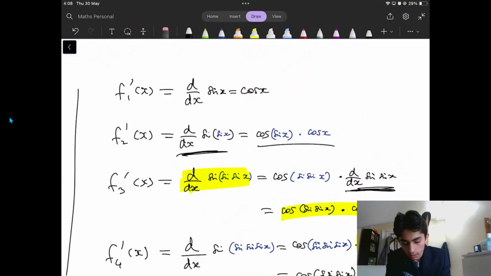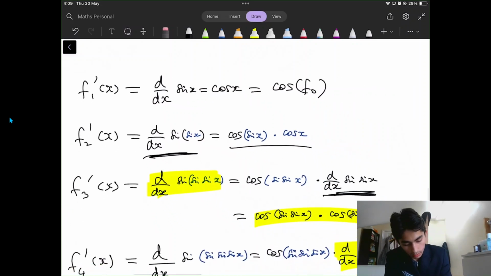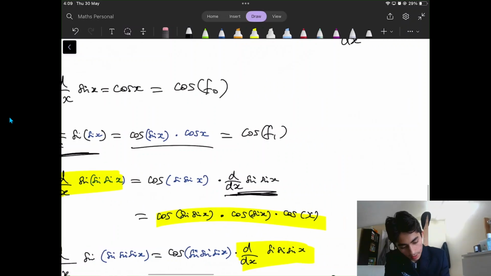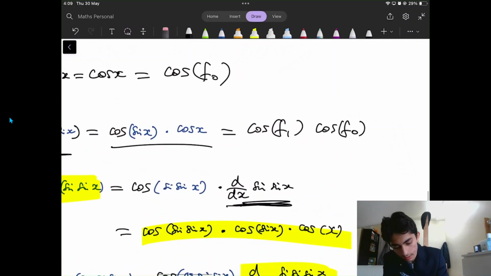Yes. So the derivative of f1 of x is just equal to cosine of f0 of x. I'm not going to write the x's. The derivative of f2 is equal to cosine of f1 times cosine of f0, right? The sine of x is f1, and the x is f0, okay?